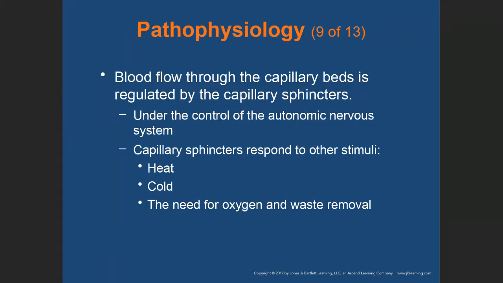The constriction and dilation of these blood vessels is controlled by the capillary sphincters, and it can be directly stimulated by the autonomic nervous system. It can be stimulated from heat or cold, or the need for oxygen and waste removal.